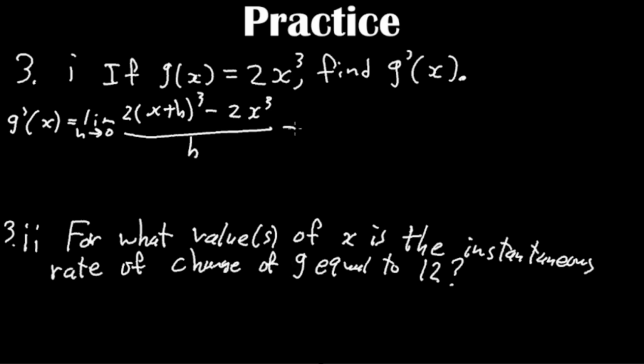All right. So what you usually want to do when you have something like this, just a power of x, even if it's multiplied by something, is find the expansion of x plus h to whatever power.